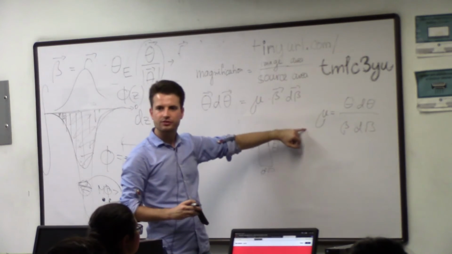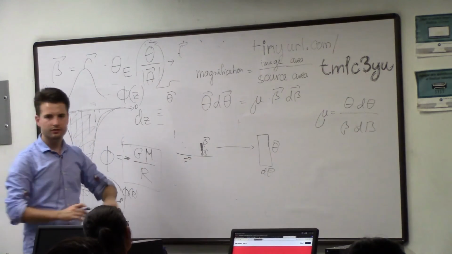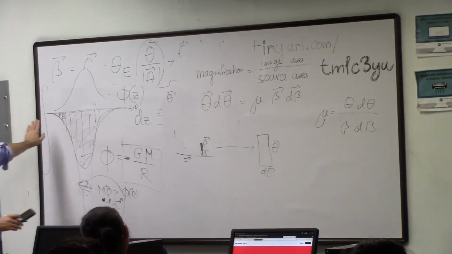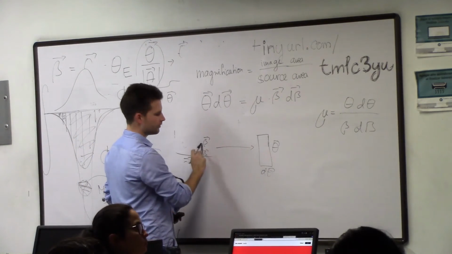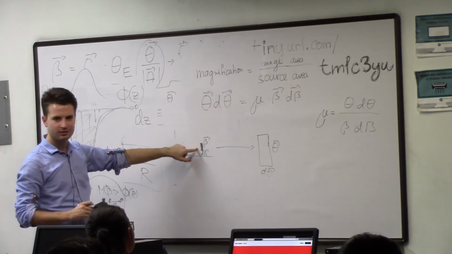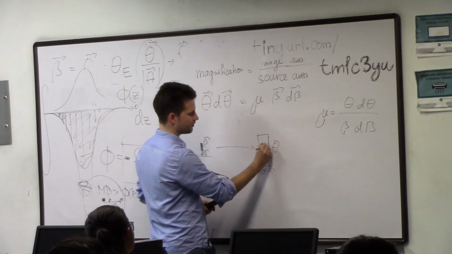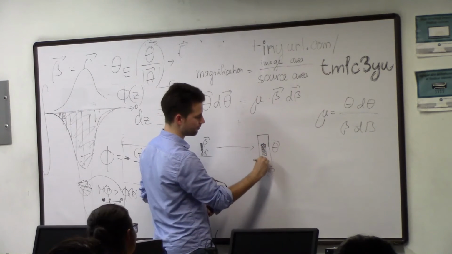So what happens if there is no lens? If there is no lens, you remove it completely, that means nothing changes. Your source looks, without lensing, just the same as you had before.